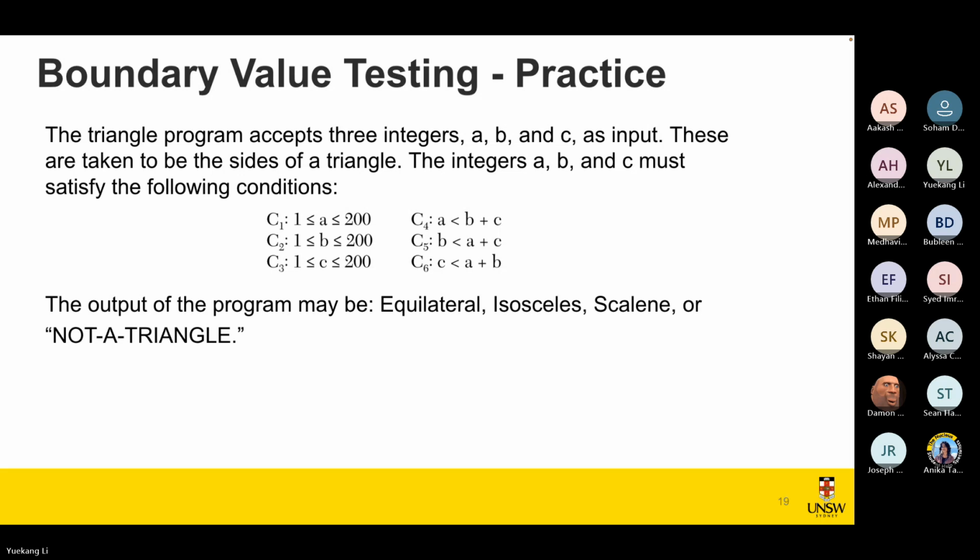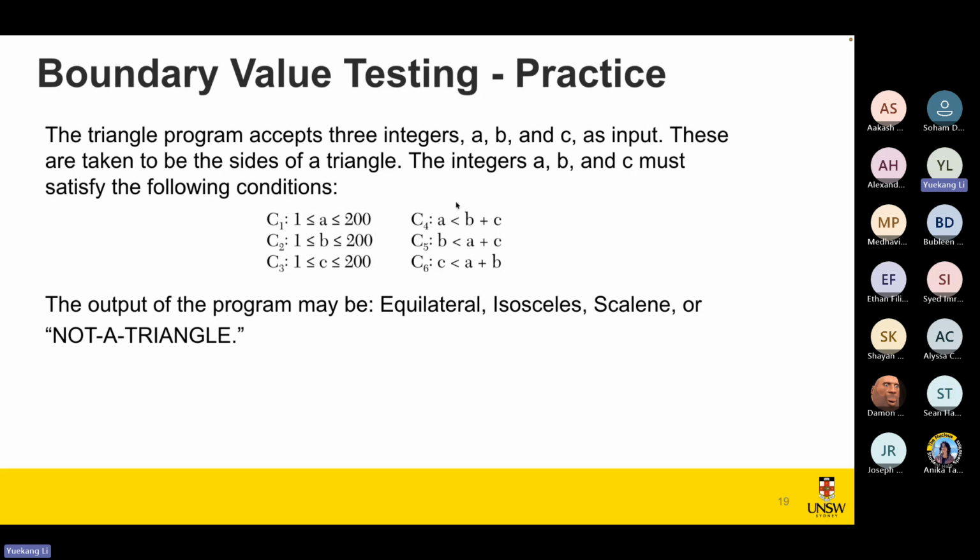Therefore, in order to form the triangle, these integers must be satisfying these conditions. So let's assume that all of them should be larger than 1 and smaller than or equal to 200.